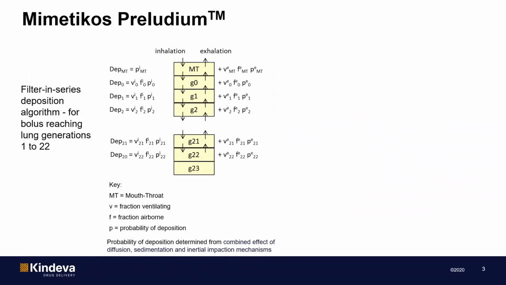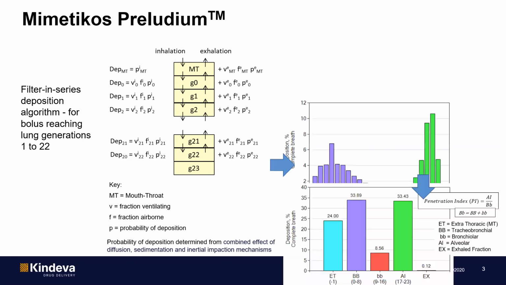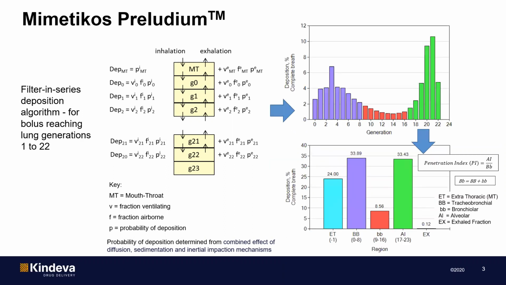Okay, so how does the software work? Deposition is determined for each generation of the lung in series for the inhalation, then the breath hold, then the exhalation. Deposition percentages are then determined for the complete breath for each generation, and then this is computed to the regions of the lung.